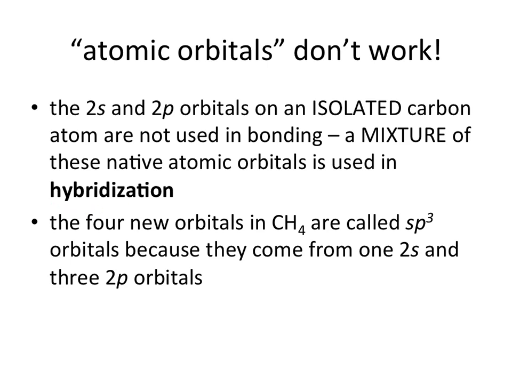And this process is called hybridization. So in this mixing process, instead of having a 2s orbital and three 2p orbitals, what we end up with is four new orbitals called sp3 orbitals.